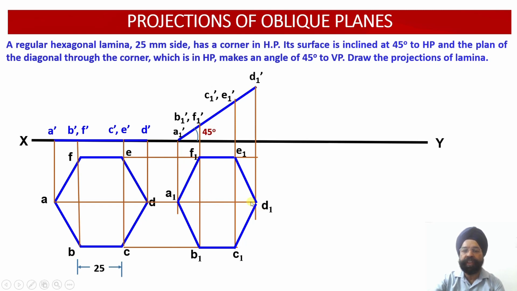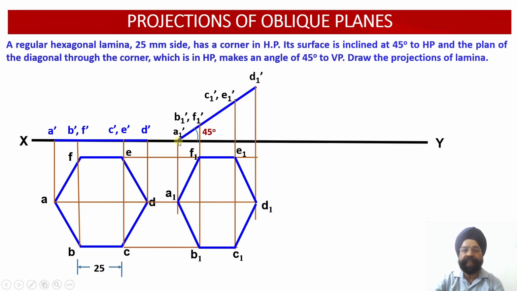Now having drawn this top view, the next phase is that we have to transfer this plan at an angle of 45 degree to VP in such a way that the diagonal through this corner, on which the lamina is resting on the horizontal plane, is set.